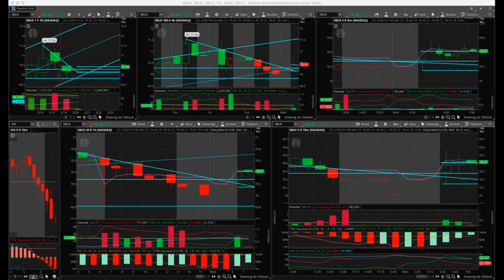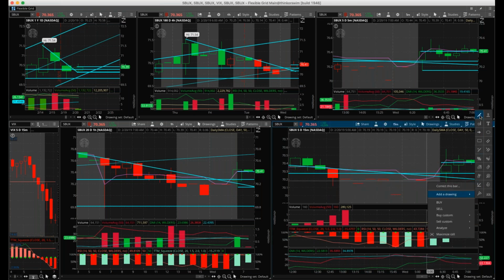So we're just hugging that line. We are forming a type of uptrend on our 15-minute.